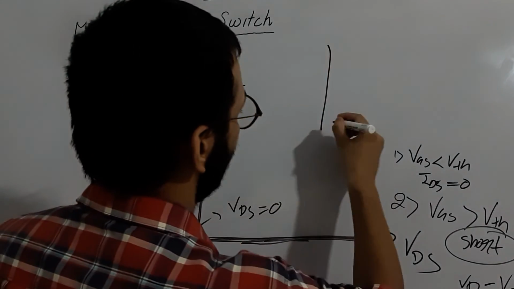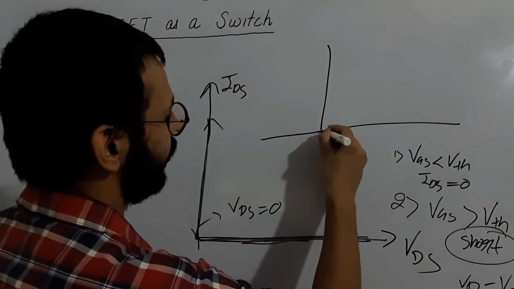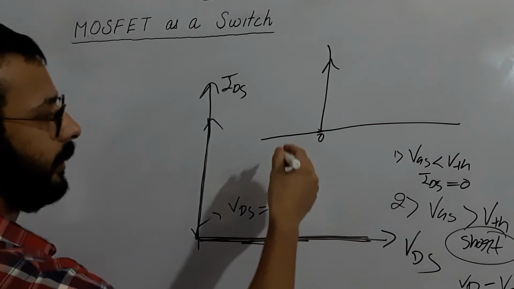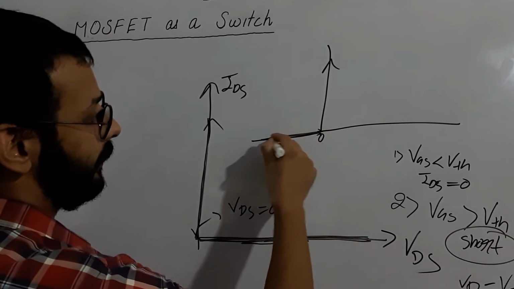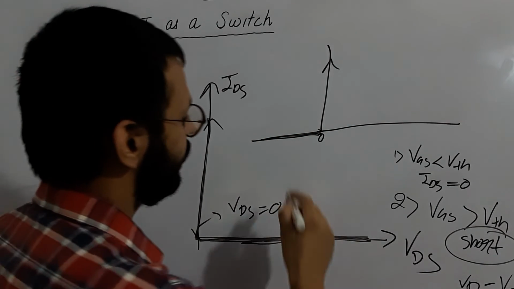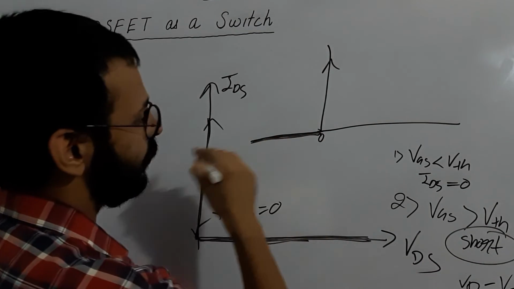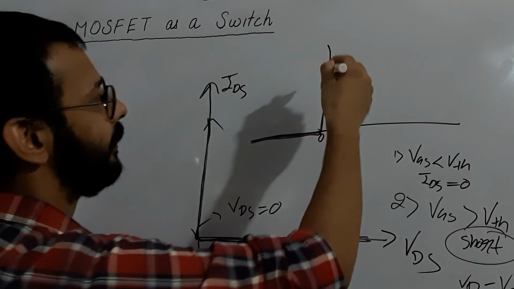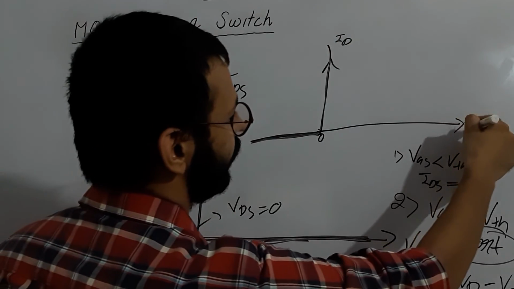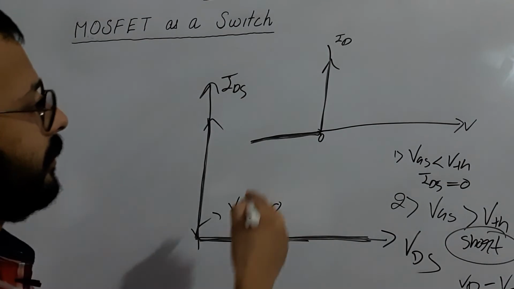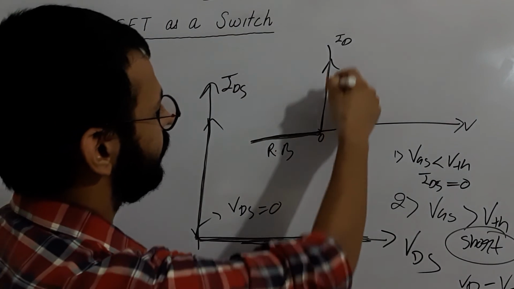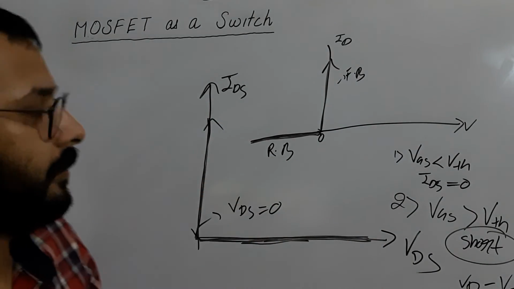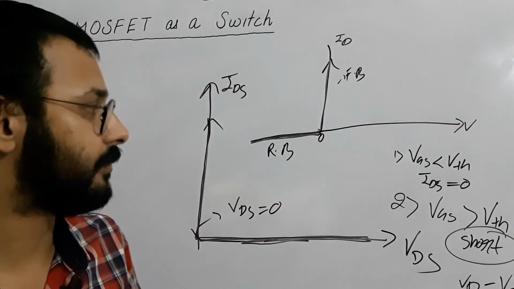In reverse bias, the current is 0, and once it is forward biased, this is the current value, and this is the input voltage. This is the reverse bias, and this is the forward bias condition. It is similar to this one.